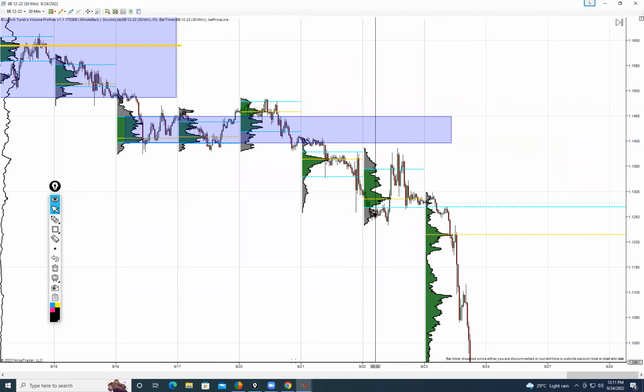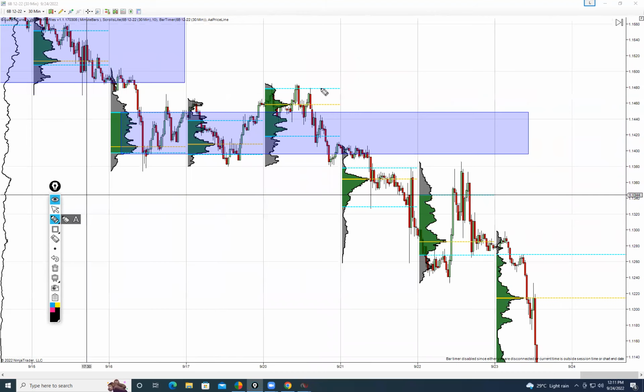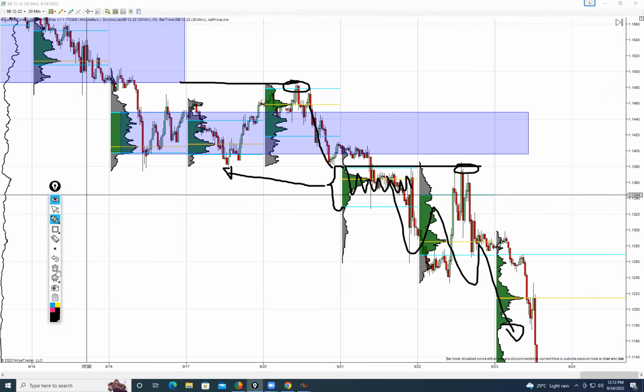We saw that during the course of the week, after the rejection of this area here, we broke out of this value and we started discovering new value areas below, which is different from exactly what we saw on Monday. On Wednesday, this was the confirmation that we were accepting value lower, which eventually got rejected, and we kept on moving lower and lower and lower.